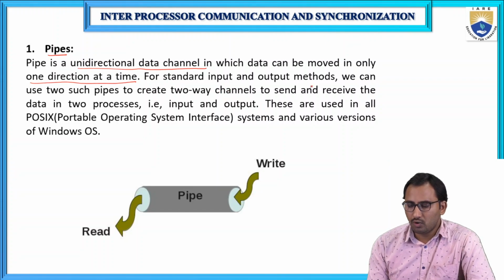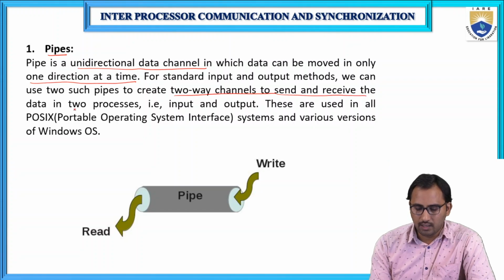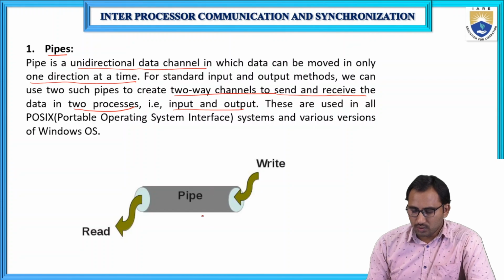For standard input-output methods, we can use two such pipes to create a two-way channel to send and receive the data between two processes, that is input and output. Using one pipe, we can only transmit the data in a unidirectional way, that is, only from sender to receiver.